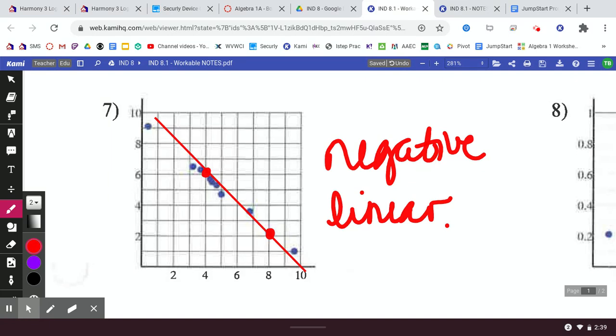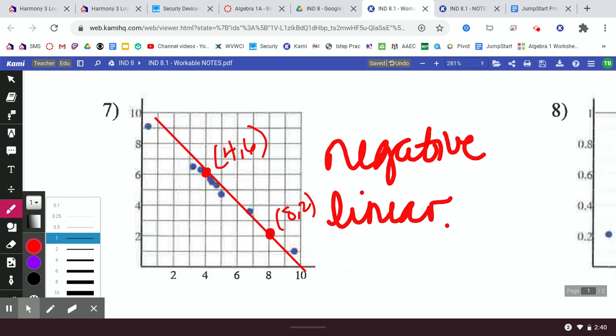So make it easy on yourself. When you name your points, I would name this one 8.2, and I would name this one 4.6. That's going to be close enough. I don't need to know that it's 3.89 and 6.23. Don't do that to yourself. It'll make it so much harder. I can easily find my slope with the points 4.6 and 8.2, right? So that's just a preview for tomorrow.